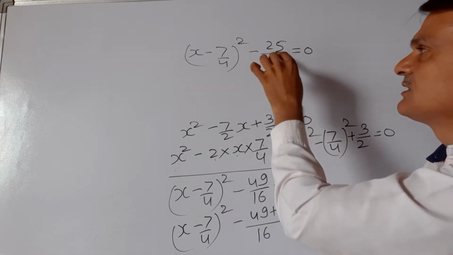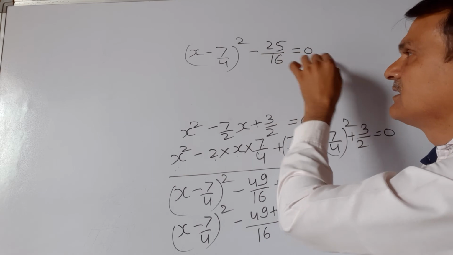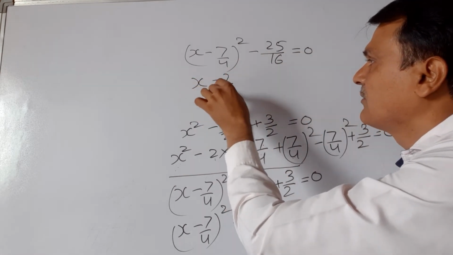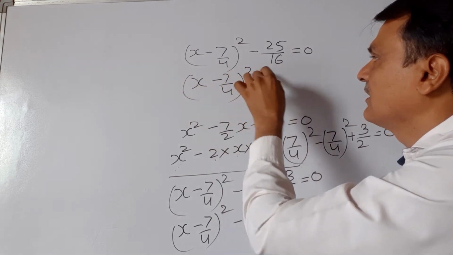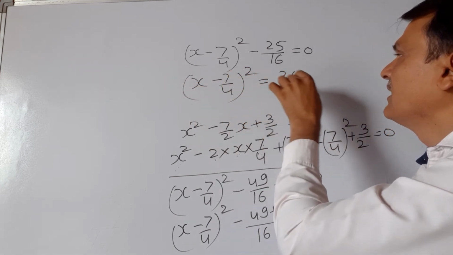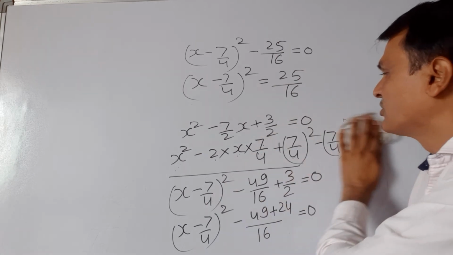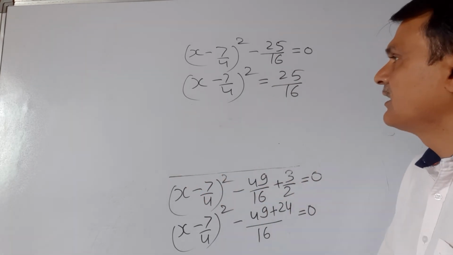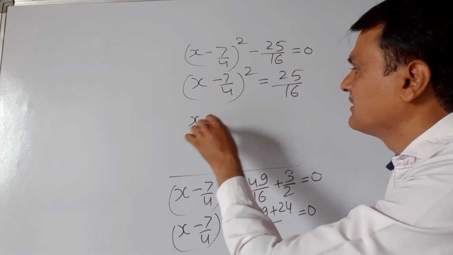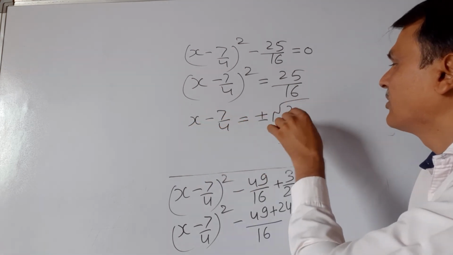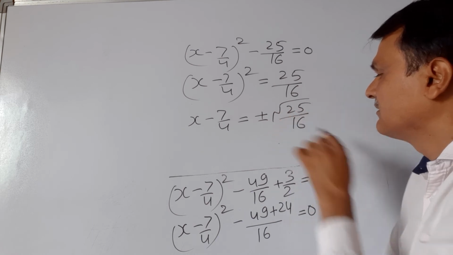Now we transpose 25/16 to the right side. We write (x − 7/4)² = 25/16. Now taking the square root of both sides, we can write x − 7/4 = ± √(25/16).